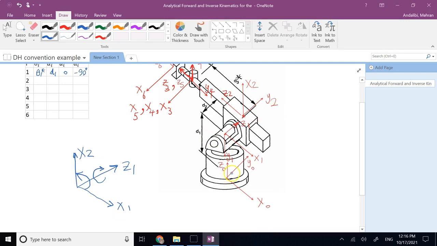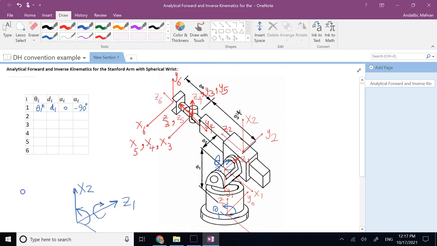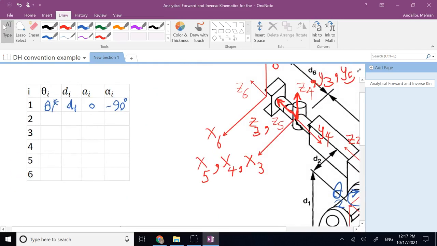Because if you remember, your angle theta 1 is going to be applied around z0. So let me draw that for you here. Right, that is your theta number 1. Then your theta number 2 is here. So definitely that will make this angle here for you theta 2, and then minus 90 degrees.